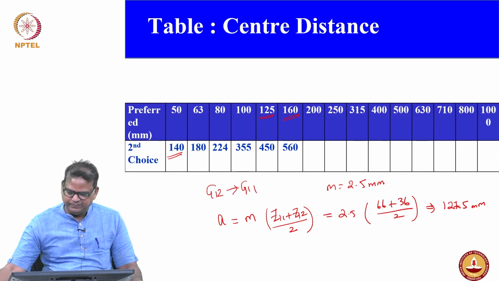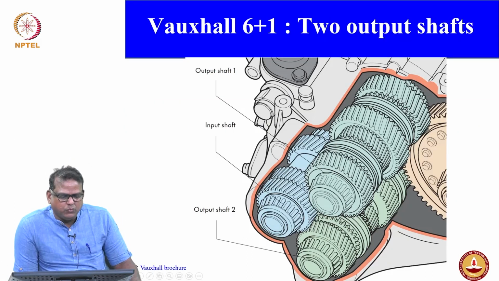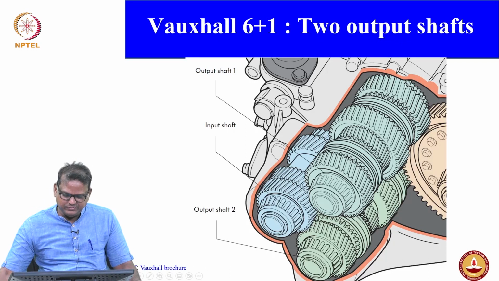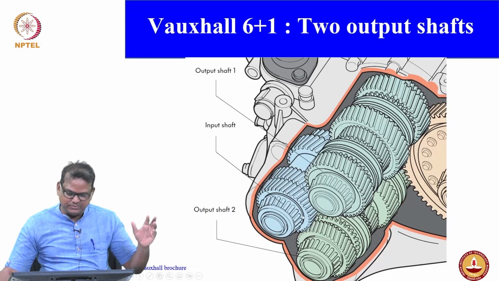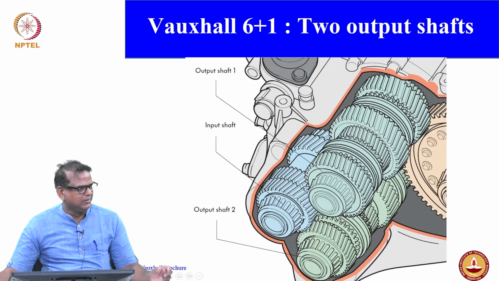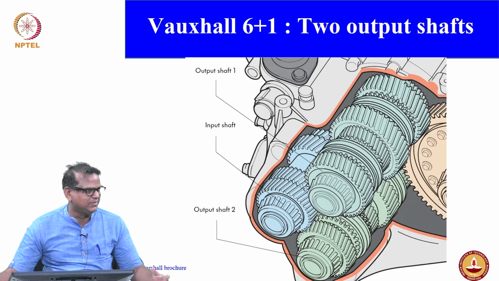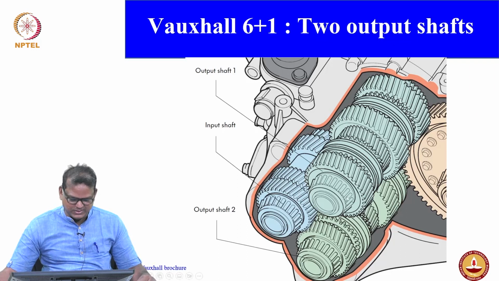This is taken from the Vauxhall 6+1 gearbox. Look at this configuration. It's nicely arranged, right? As I said in one of the lectures, multi-stage, where you have one input and two output shafts. You can see this is taken from the Vauxhall brochure, and three shafts are arranged.